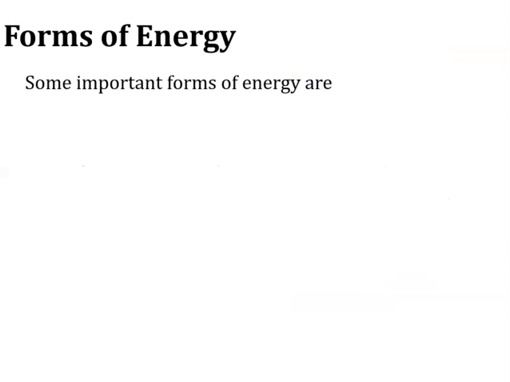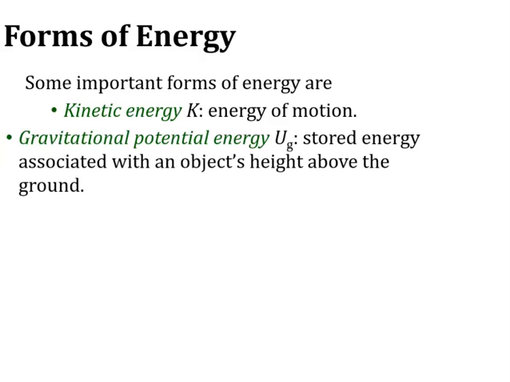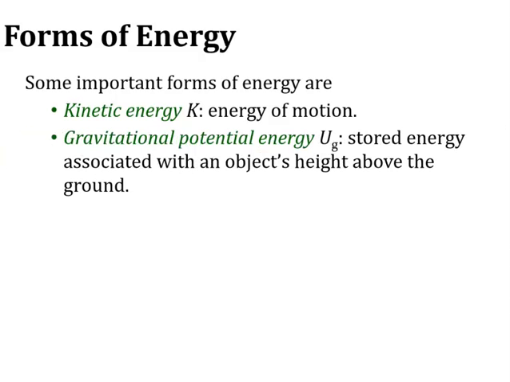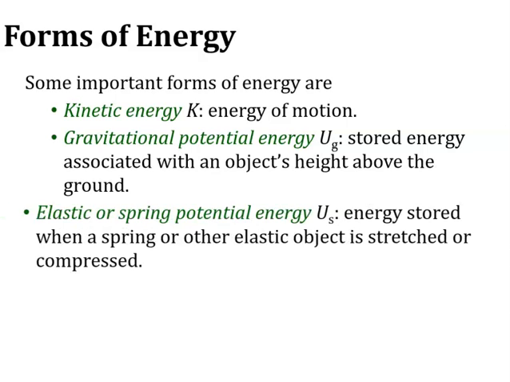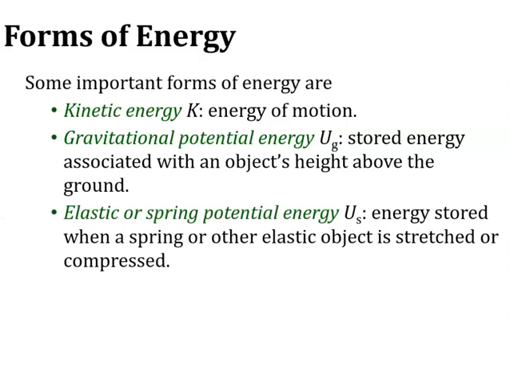Now, some important forms of energy that we're going to be looking at in this class. Kinetic energy is the energy of motion, and the variable for kinetic energy is a capital K. We have gravitational potential energy, that's U sub g, and that is a form of stored energy associated with an object's height above the ground. We also have elastic or spring potential energy, U sub s, and that's energy stored when a spring or other elastic object is stretched or compressed.